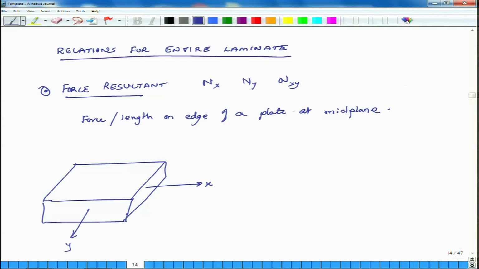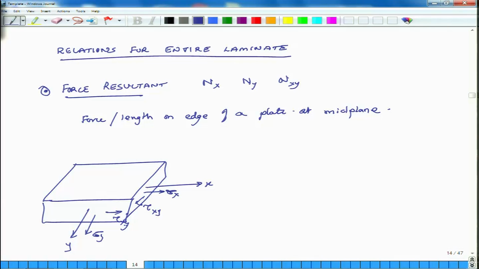Okay. So, in this direction I have sigma x, in this direction I have sigma y, and I have shear stress in these directions.